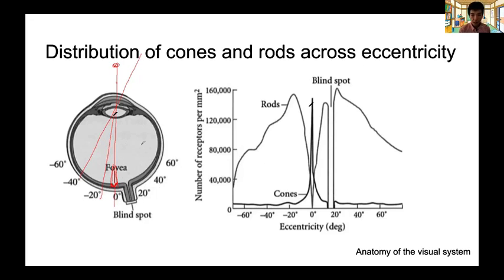And then here, 0 to 1.5 degrees, you see that the density of the cones is very, very high per square millimeter. Okay, so given a particular area, the number of cones that you find is potentially up to 150,000 cones around the fovea at the direct fixation here, and then its density decreases quite a bit as you go to the periphery, but it doesn't reach 0.